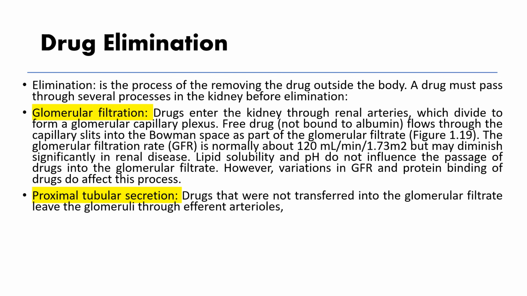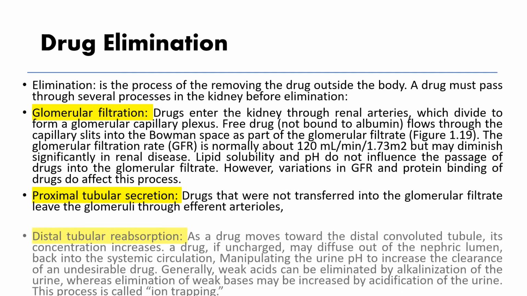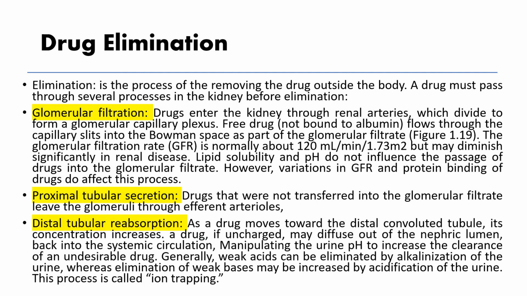Then we have proximal tubular secretion. Drugs that were not transferred into the glomerular filtrate leave the glomeruli through efferent arterioles. Last is distal tubular reabsorption. As a drug moves towards the distal convoluted tubules, its concentration increases.